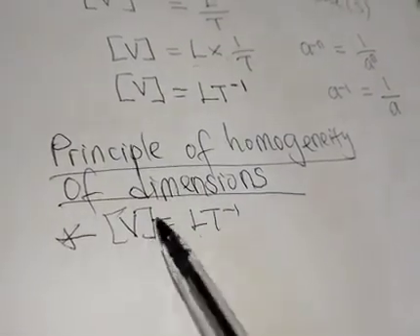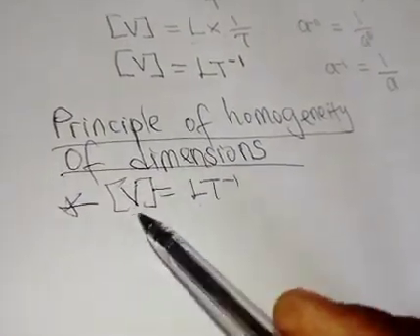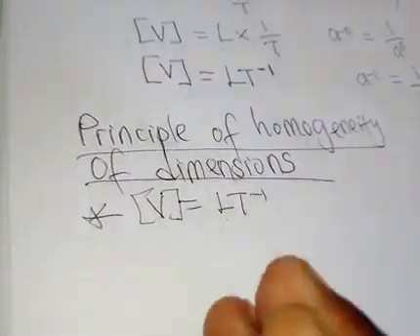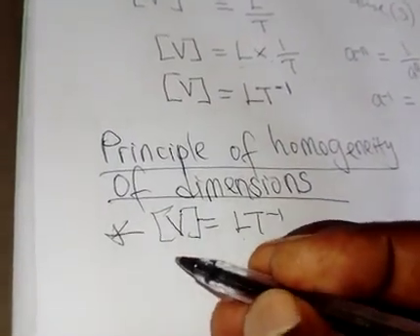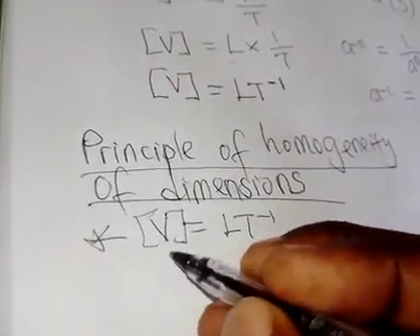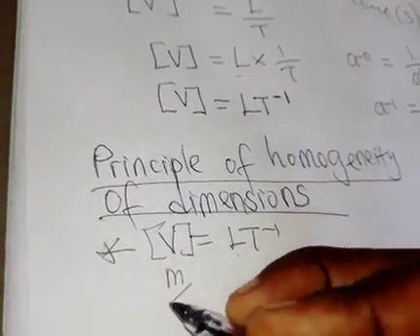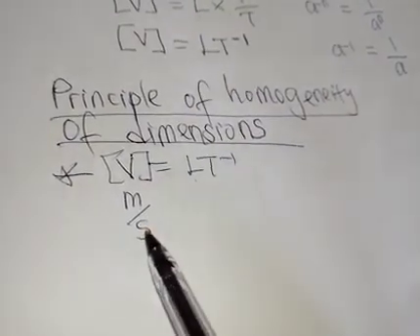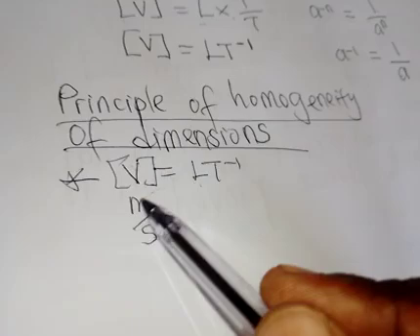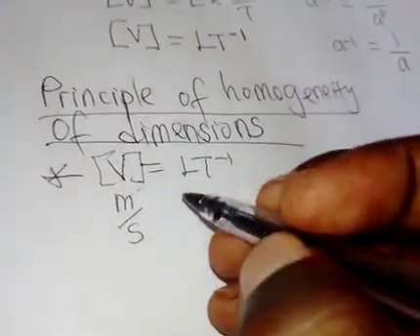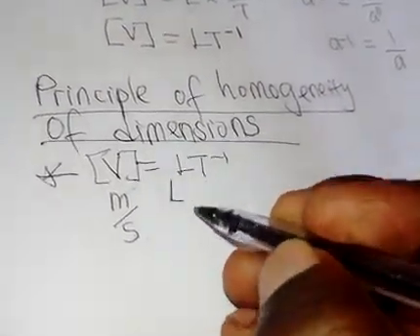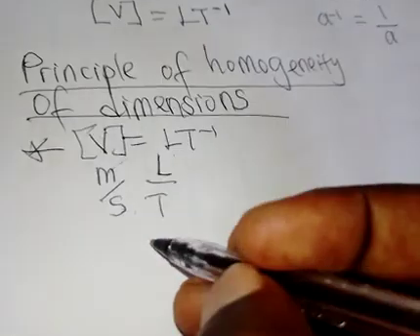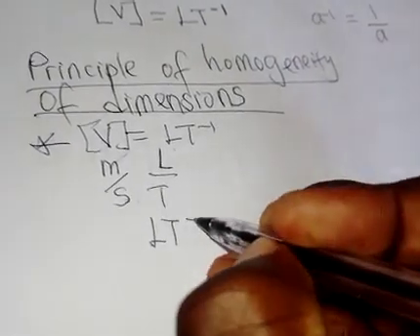If we check the left hand side, velocity is measured in meters per second. Meters is length, and second is time. So for meters we use L for dimension, then over T. L over T is L T to the power negative 1.